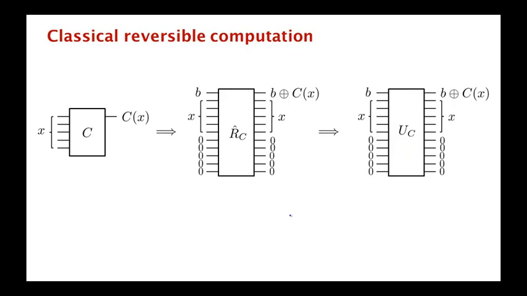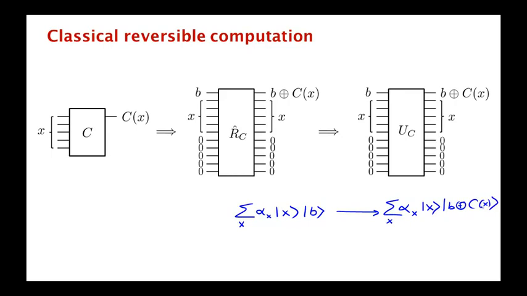For example, if we give it as input the superposition sum over all x of alpha x, x, and b is, let's just say the input bit is always b, and I'll suppress the work bits, then the output is sum over all x of alpha x, same amplitude, input string is the same, and the output string is b XOR c of x. So you can compute in superposition this way.